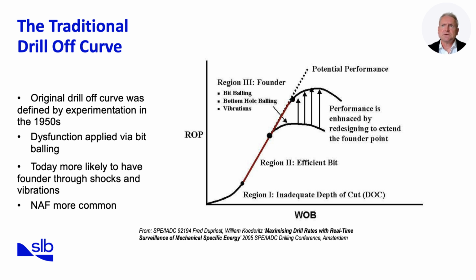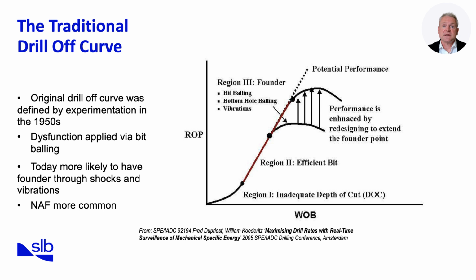Today, dysfunction is more likely to be encountered through downhole vibrations and shocks rather than deliberate bit balling. Additionally, the widespread use of non-aqueous fluids has altered drilling dynamics compared with early water-based systems. The drill-off curve remains a valuable diagnostic tool because it reveals how much of the energy we apply is actually producing depth of cut versus being lost to dysfunction.